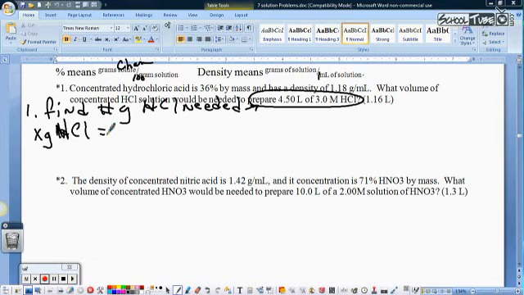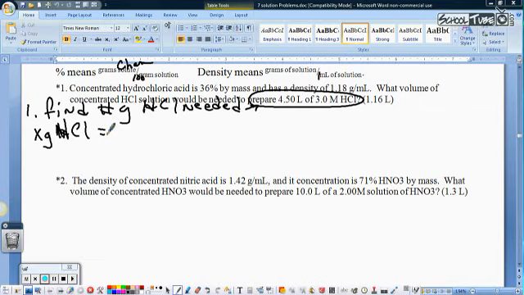equals, which one of those two givens is not a fraction? 4.5. Now our 2 givens, 3 givens, 4 givens approach works for problems that do not have percentages or density. If it has a percentage or density, you've got to think about these units. Okay? You've got to think about the units.